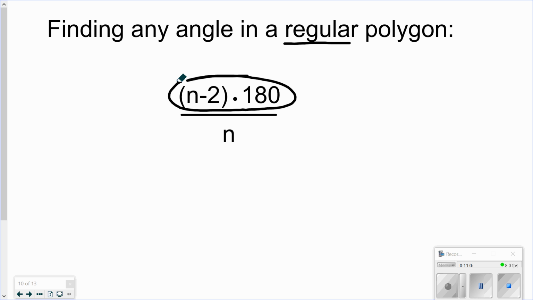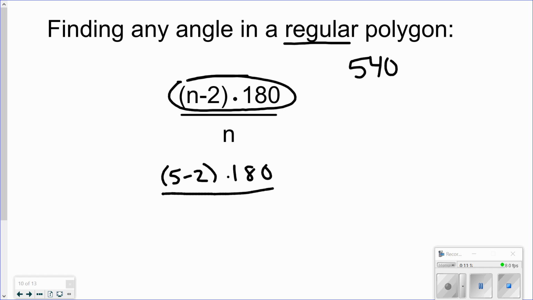So we know that for a pentagon, the sum is 540 degrees. And let's prove it by using our equation. So 5 minus 2 times 180. If I want to divide that by the number of sides to figure out what is one angle measure in that polygon, I would change this n to a 5, because there are 5 angles.